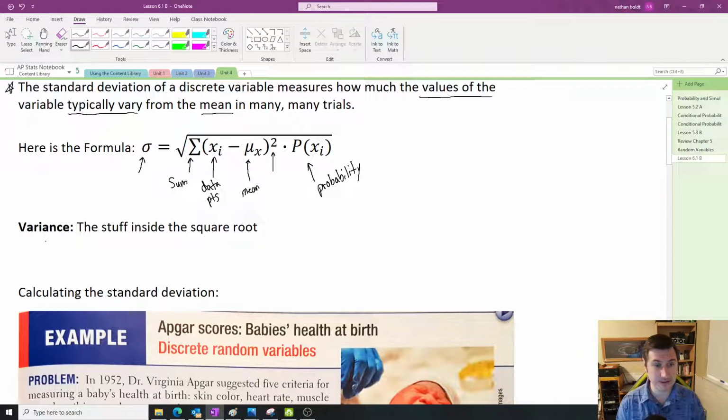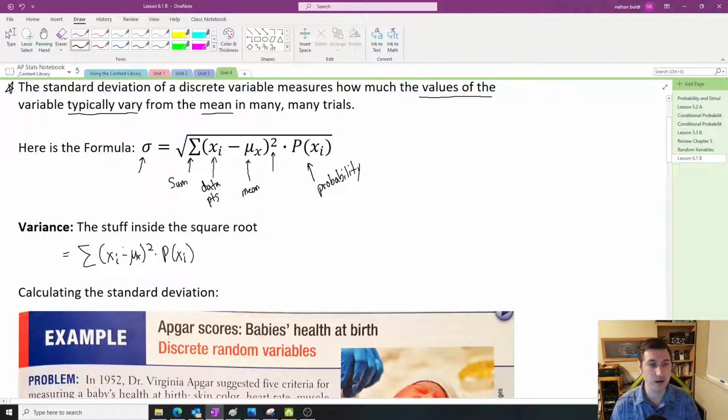Now, the variance, that is the stuff inside the square root. Okay, so the variance is equal to just the sum of x sub i minus mu sub x, squared, times the probability of each individual x. Now, we oftentimes write this as sigma squared, because it doesn't have the square root. Imagine squaring both sides.